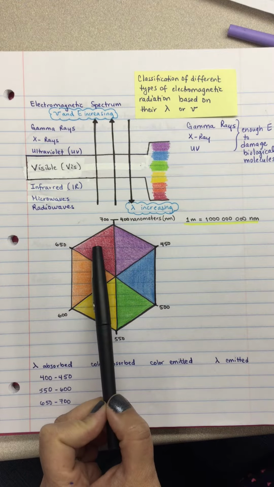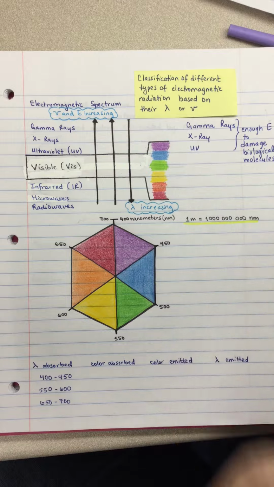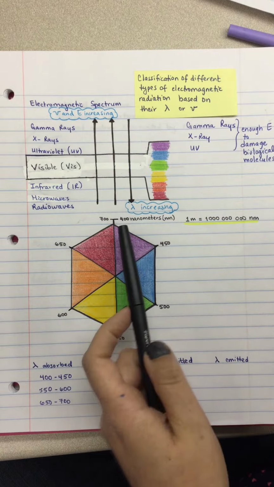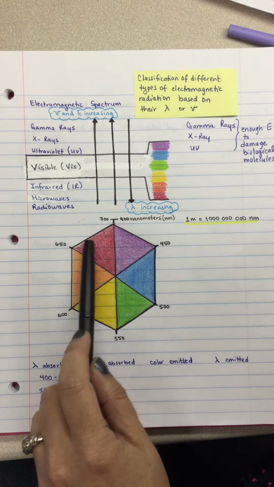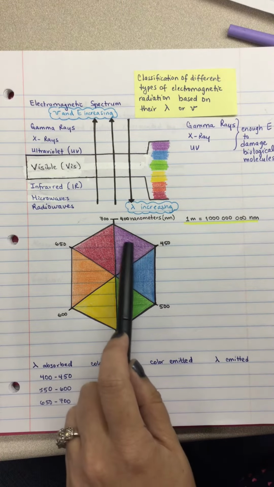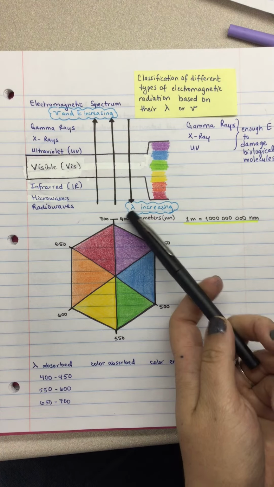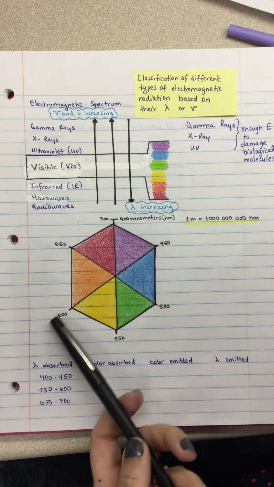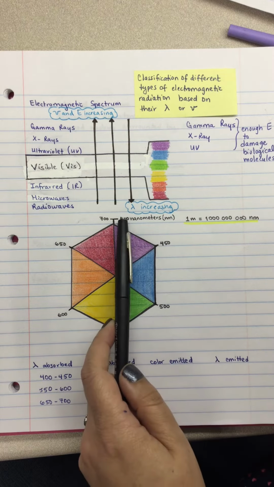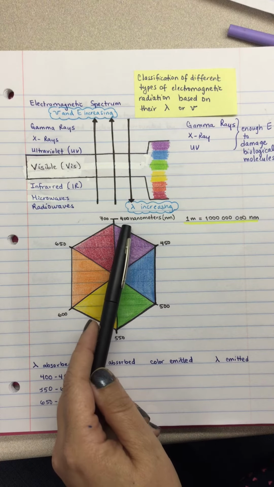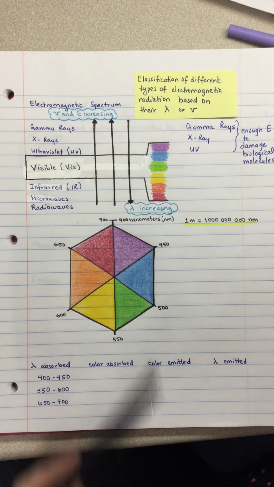So your red color contains less energy than the violet color up here. And so the energy is increasing as you move from the red one going to the violet one, which means that your wavelength, which is these numbers that I have around this hexagon, is increasing starting from the violet, moving all the way up to the red one.